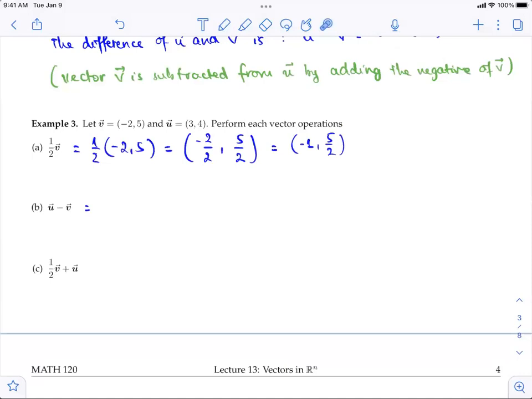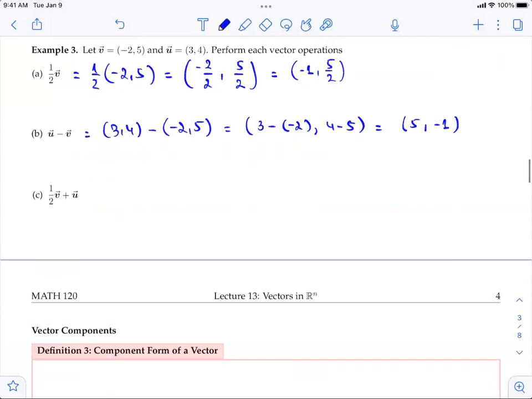So now for the second part, u minus v, that is (3, 4) minus (-2, 5). So what you do is you do 3 minus -2 and 4 minus 5, and you get the answer to be (5, -1). So you perform the calculation similar to when you do vector addition.